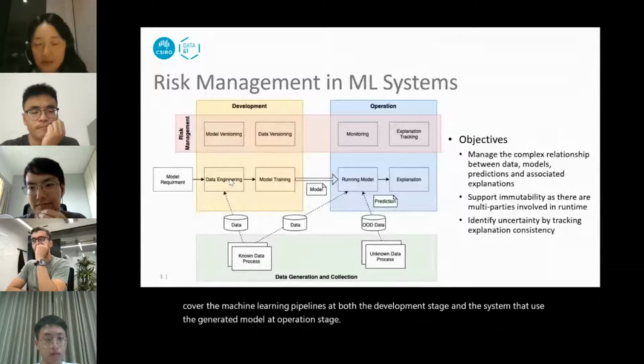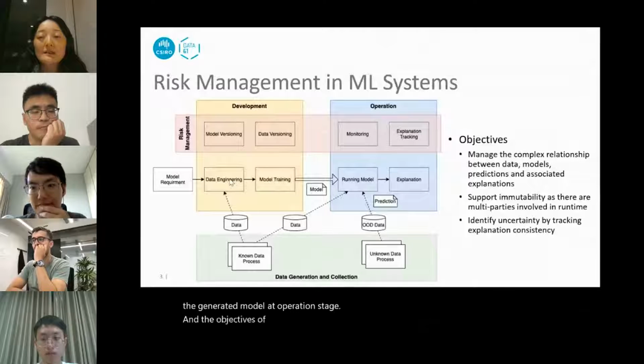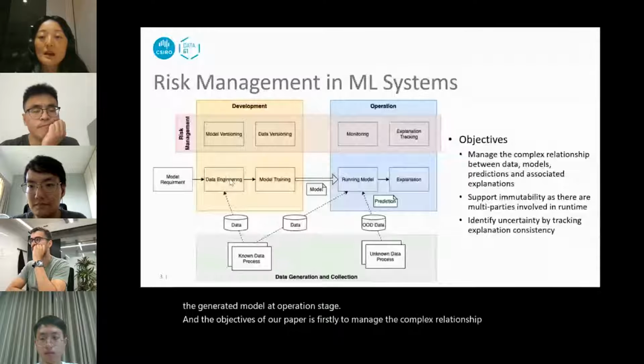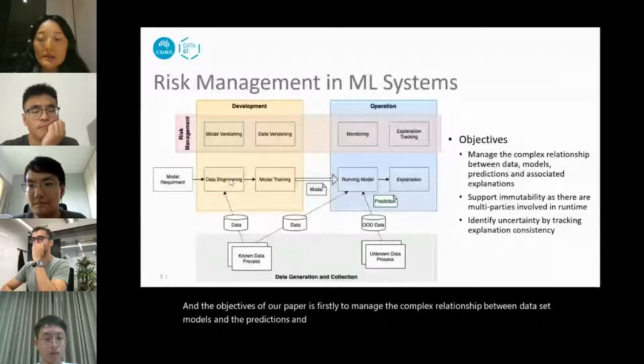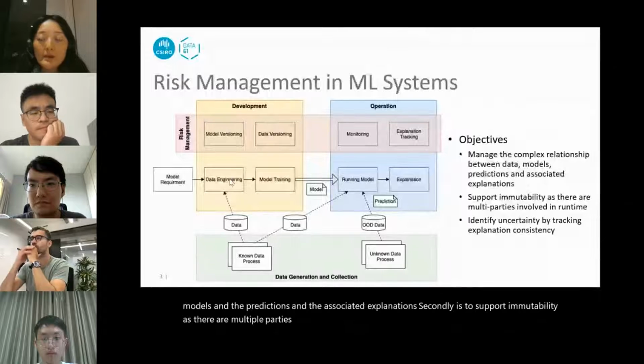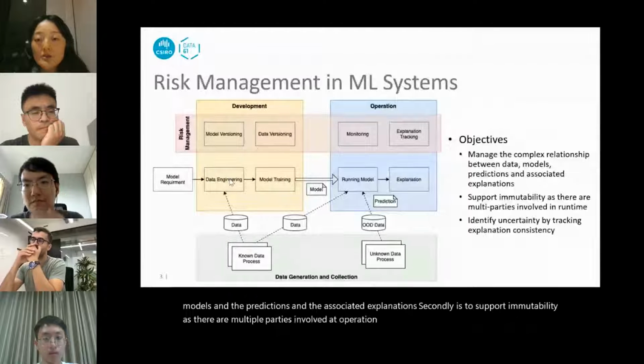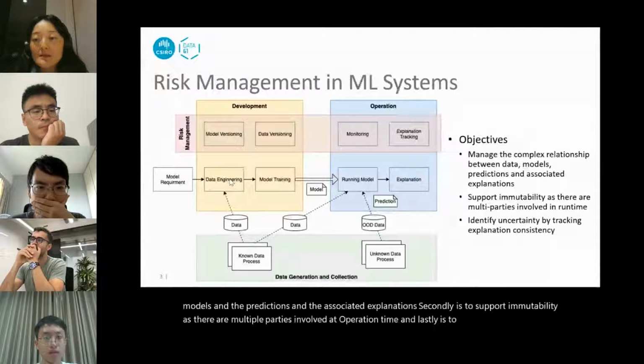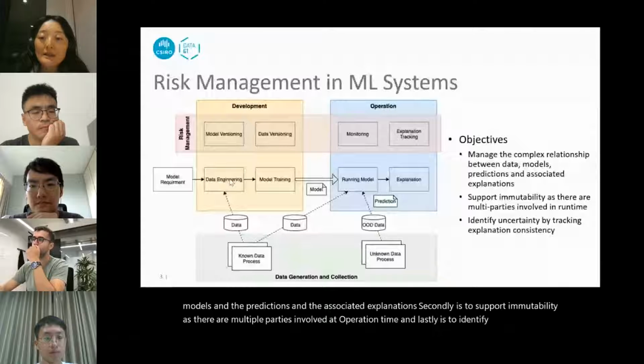The objectives of our paper are, firstly, to manage the complex relationship between datasets, models, predictions and the associated explanations. Secondly, to support immutability, as there are multiple parties involved at operation time. And lastly, to identify uncertainties by tracking explanation consistency.